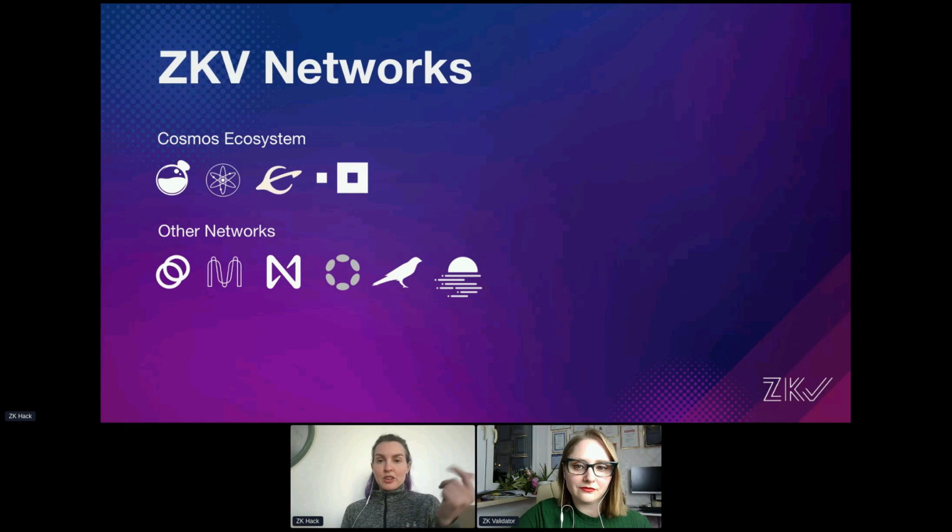The networks that we're focused on are the networks that we're validators on, and we're quite present in the Cosmos ecosystem. We're now live on Osmosis, as well as the Cosmos Hub, Evmos, and Agoric, as well as a batch of other networks. We're also on a number of testnets. The org has grown a lot, and we've gotten to explore a lot, so it's been a good journey.